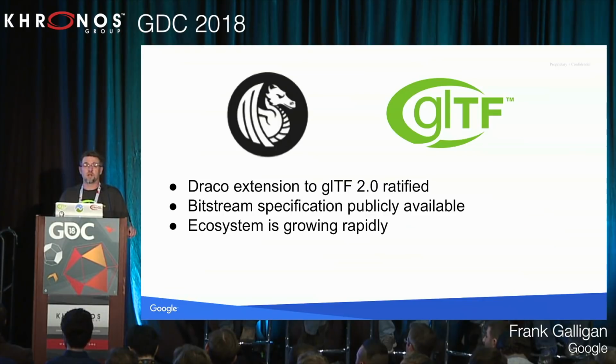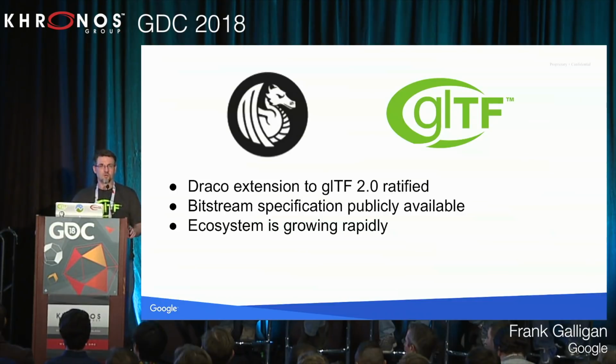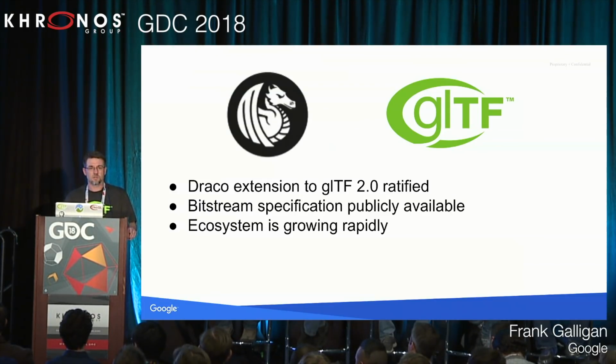Okay, a little history. We first released our technology in January of 2017, and we almost immediately started working with Khronos on adding it to glTF. And we just got ratified in February of 2018 as an official Khronos extension to glTF.